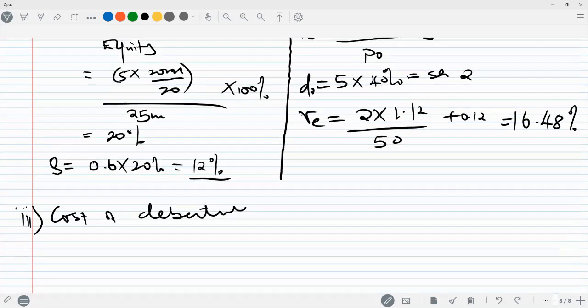So there is a note on the debenture, note 4. The current debentures are trading at 110% of their par value, and the par value is 100, therefore they trade at 110. They're paying 10%. There's no comment regarding whether they are redeemable or irredeemable.